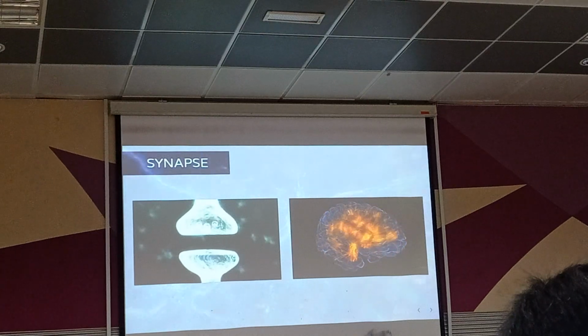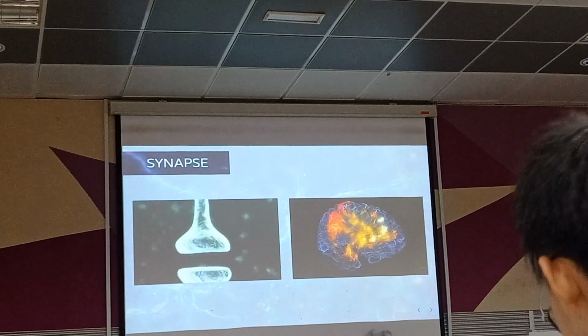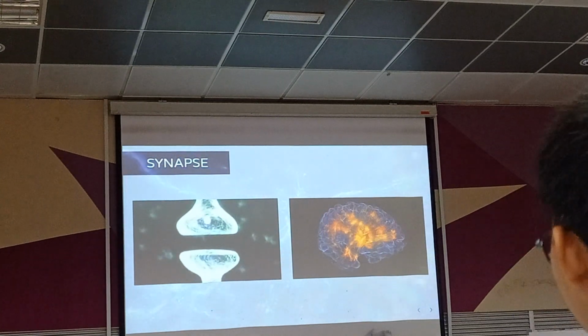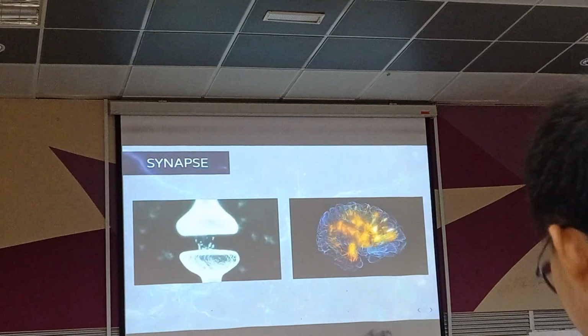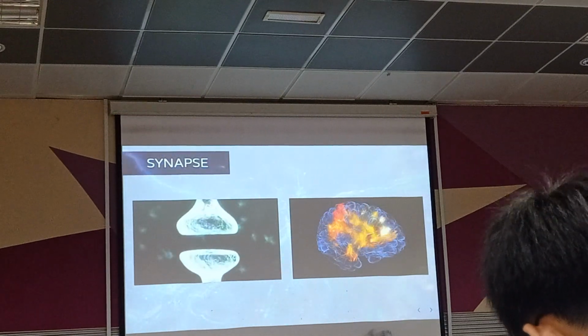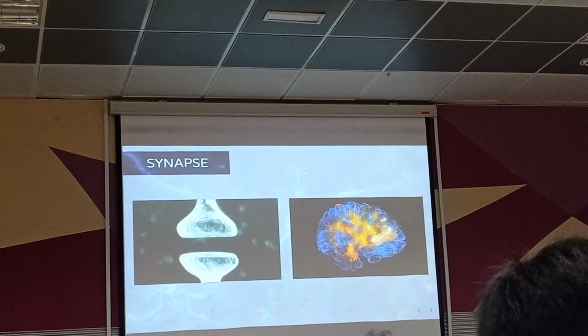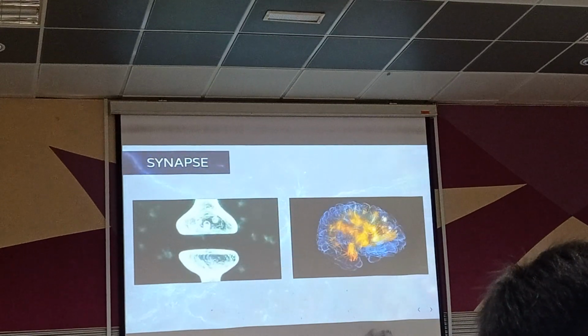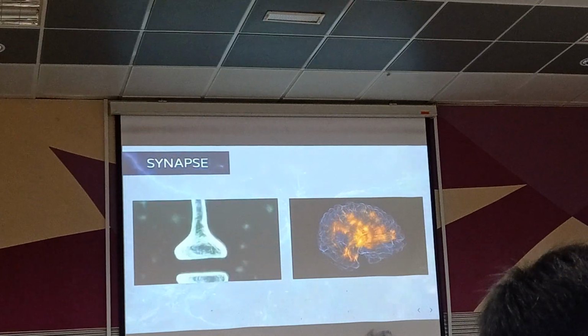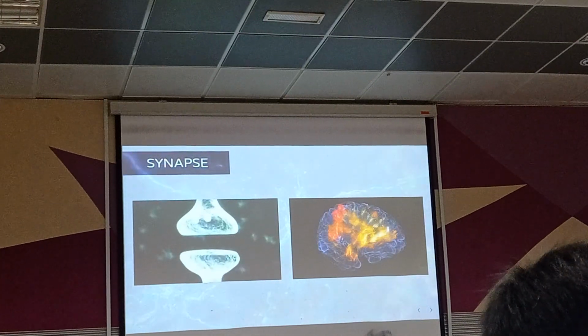Summary: what is a biological neural network? We have four components. The dendrites receive the information and pass it to the soma, which is the nucleus, the processor unit. It processes this information and generates the output, which goes through the axon. In order to pass this information from one neuron to another, a synapse happens.